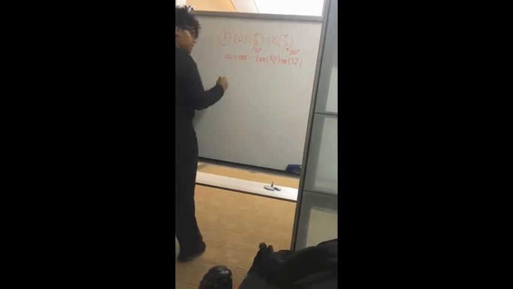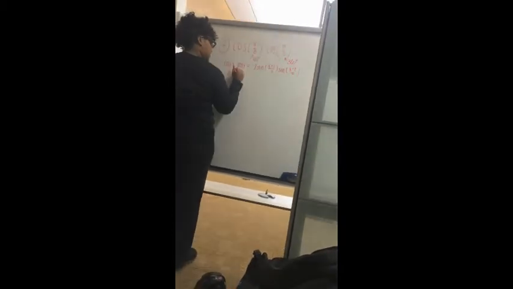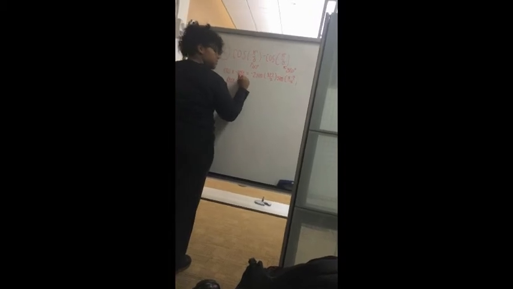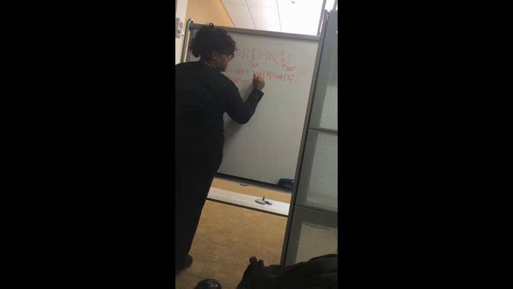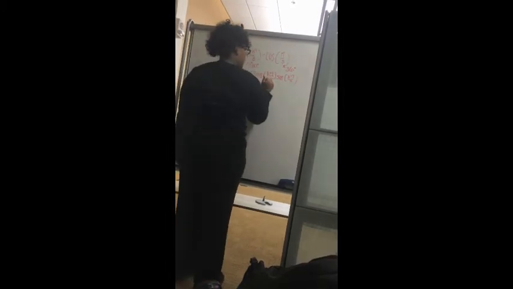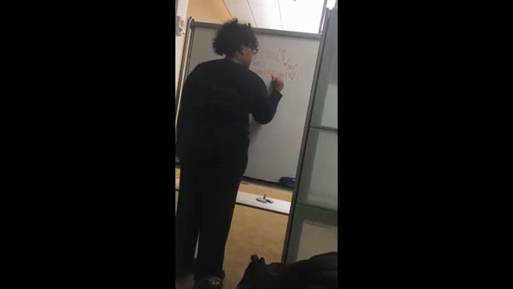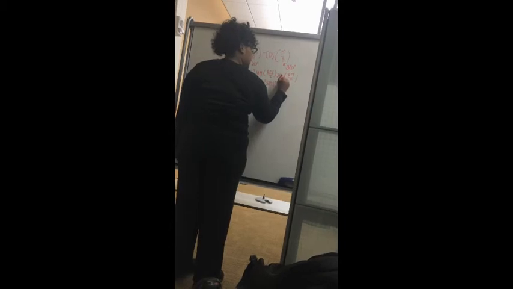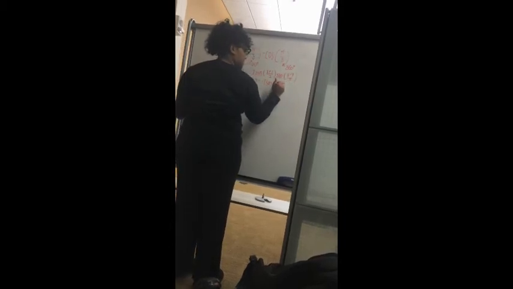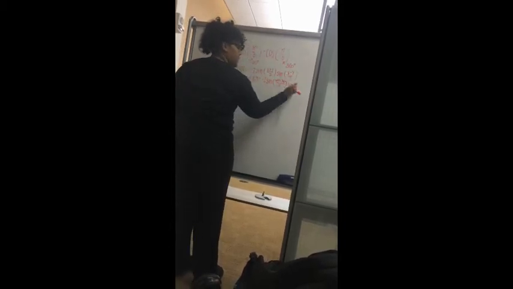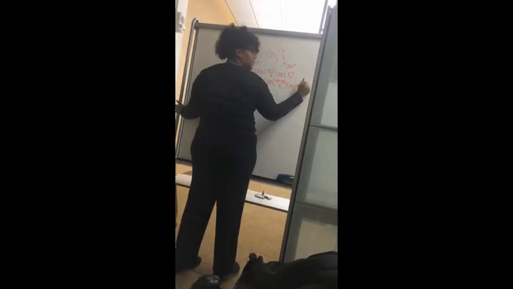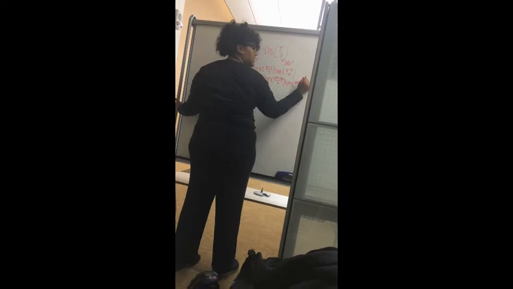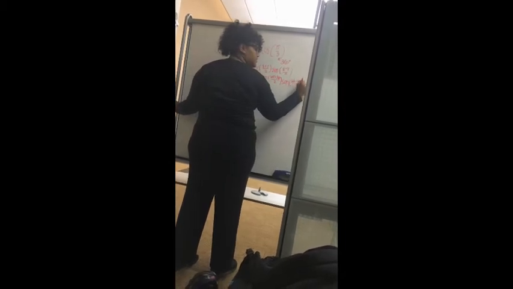Then I plugged that in, and it was cosine 60 degrees minus cosine 36 degrees equals negative 2 sine of 60 degrees plus 36 degrees over 2 times sine of 60 degrees minus 36 degrees over 2.